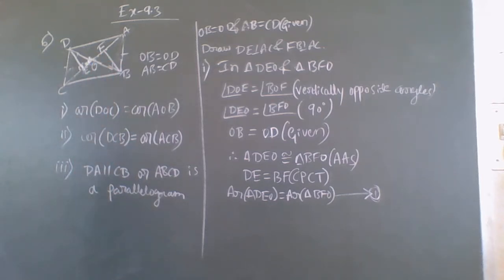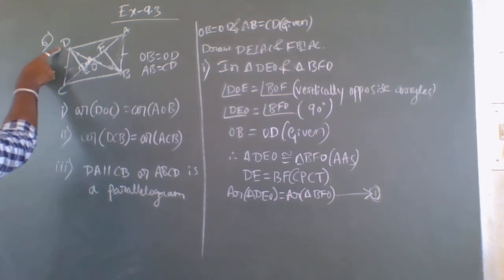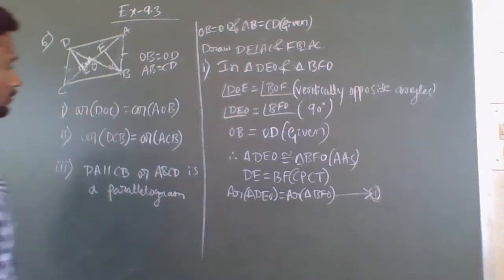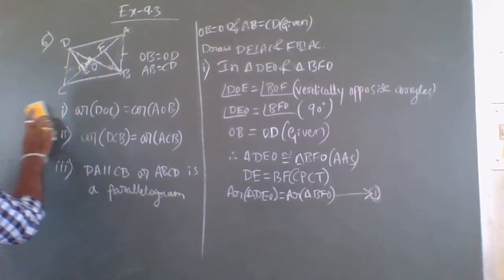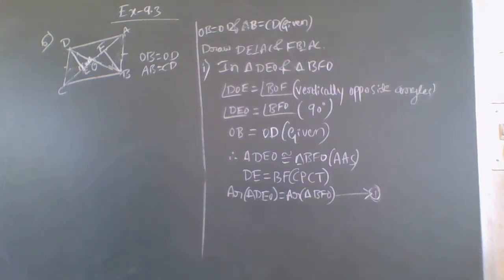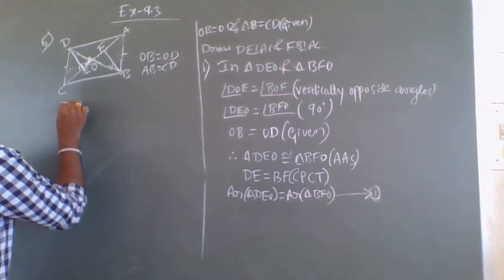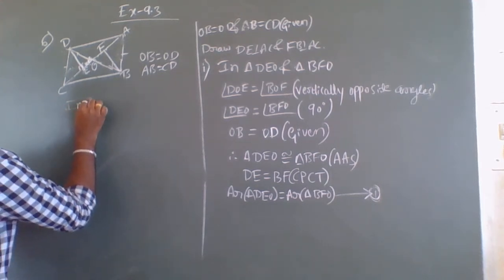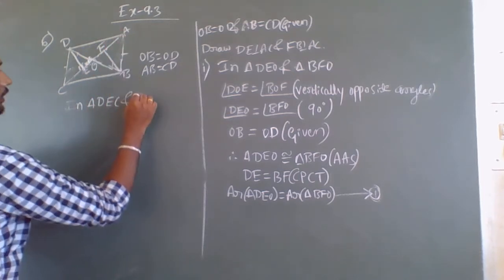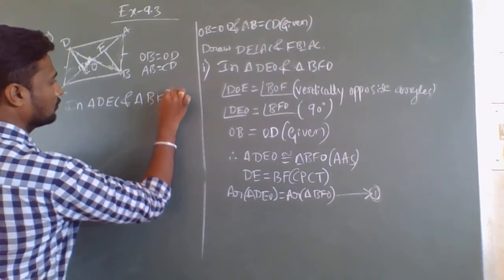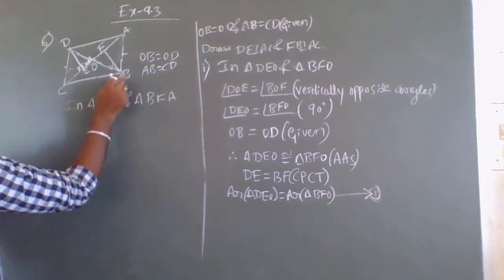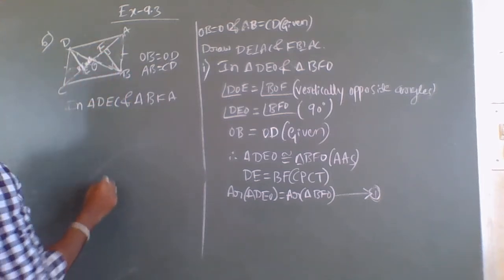So now we will consider here triangle DEC and triangle BFA. Here in DEC, angle E is 90 degrees, in BFA angle F is 90 degrees.